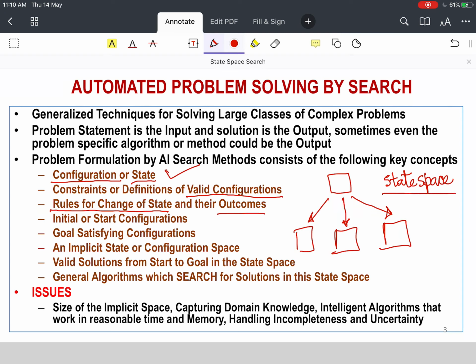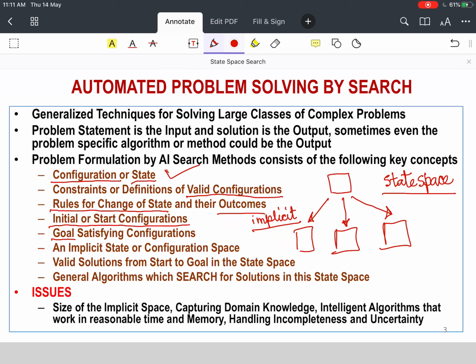But we do not explicitly generate the state space. This state space is implicitly defined by these state transformation rules. Therefore, the state space generated by these state transformation rules is an implicit state space. Then we are given the initial or start configurations.